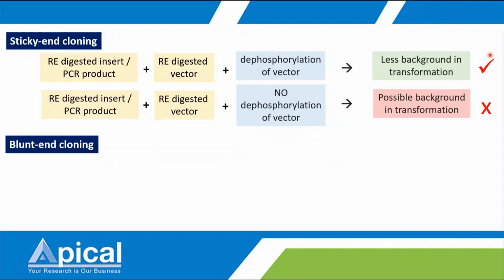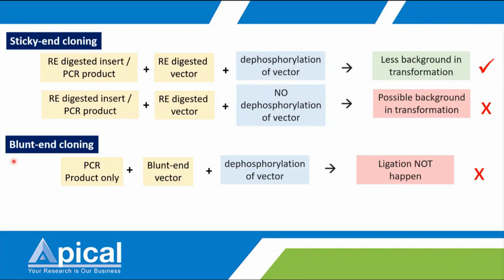While for blunt end cloning, if the PCR product is directly used for cloning, remember, the PCR product does not have 5' phosphate. And if you perform dephosphorylation on your vector to avoid the vector from recircularizing, then no ligation will happen.